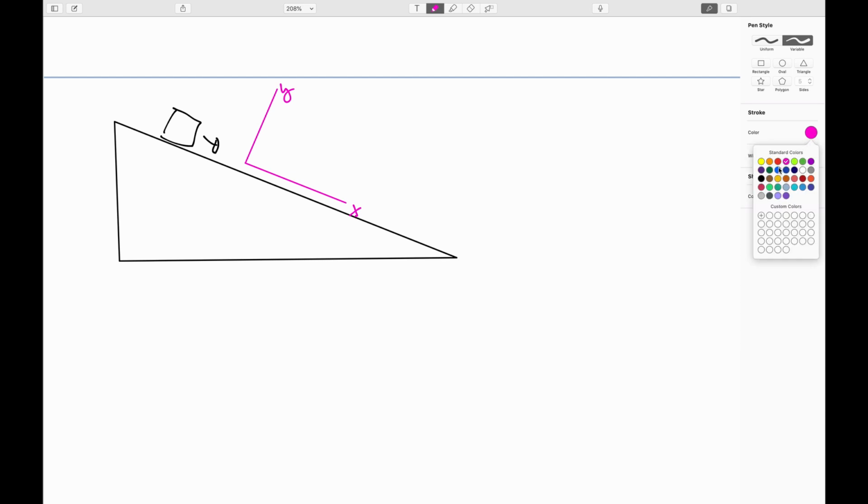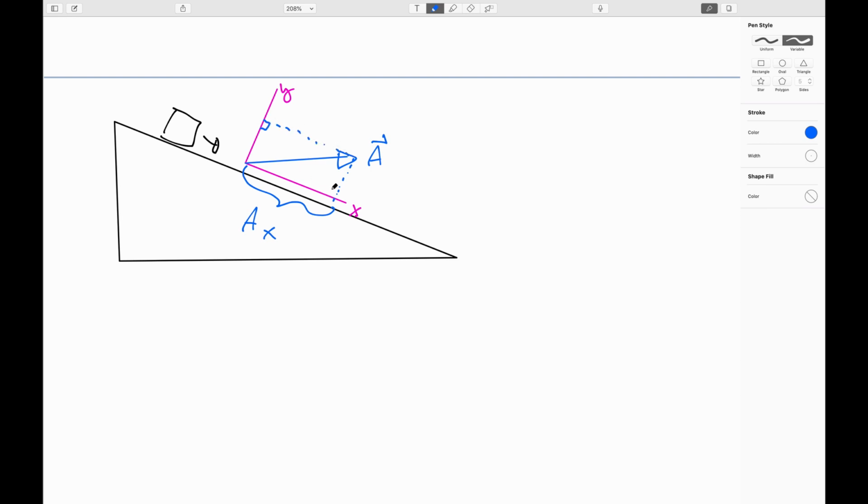So then if I were concerned about some random vector A, could be an acceleration, could be a velocity, could be a force, whatever. When I take the components, first off, you'll need to be very careful. You need to drop down to pick off the perpendicular. So this piece right here would be my a sub x. And again, dropping back, so this is perpendicular right there. This piece here would be my a sub y.